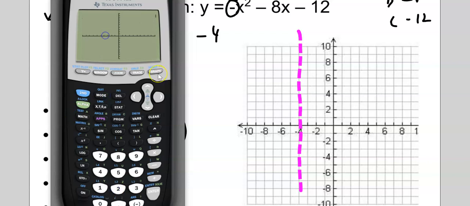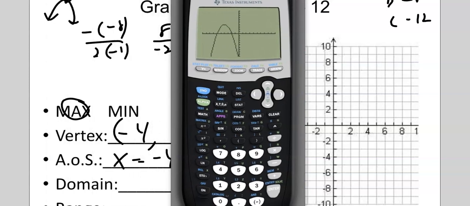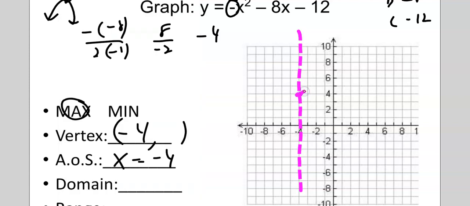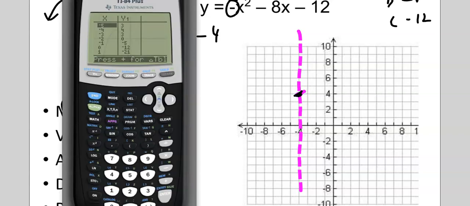Okay, let's graph that. There's our sad one going through, again, negative 12, a little bit off the chart. And we're at negative 4 for our vertex. So let's see where we're at. Negative 4, positive 4. Whoops, let's use an actual color there. Negative 4, 4. Again, does that match kind of what we have? Yep.